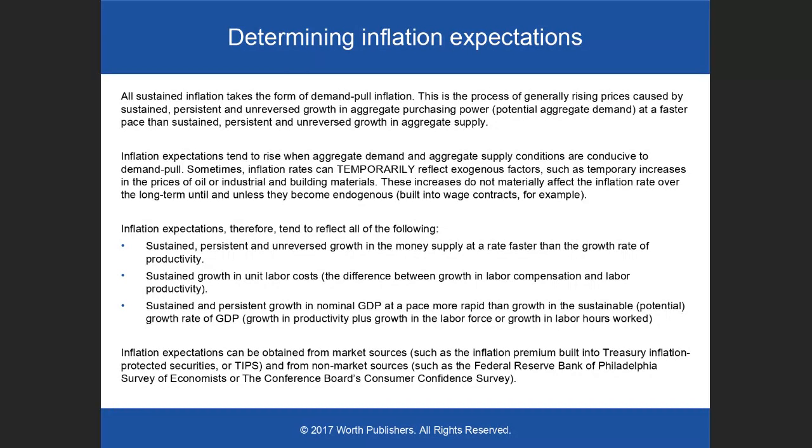When the growth of aggregate spending power, in other words, demand, goes on for months and months at a rate that's faster than the growth in aggregate supply, so that you've got demand growing on a sustained basis faster than the growth in supply, you're going to get higher prices. It just means, in terms of, again, Economics 101 terms, your demand curve shifted to the right more than your supply curve shifted to the right. So you have a new equilibrium at a higher price level.